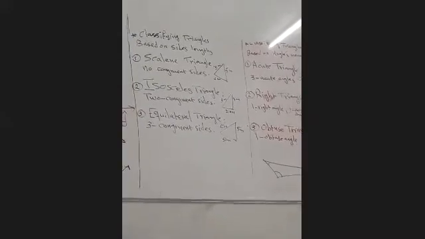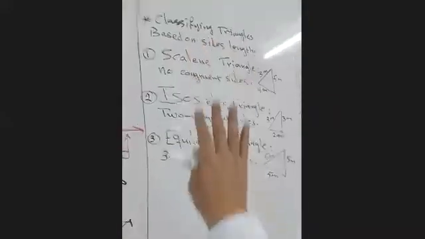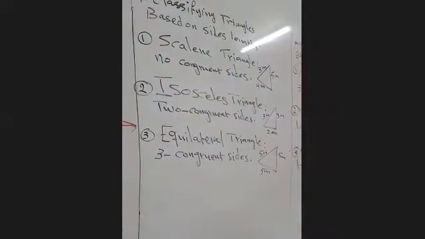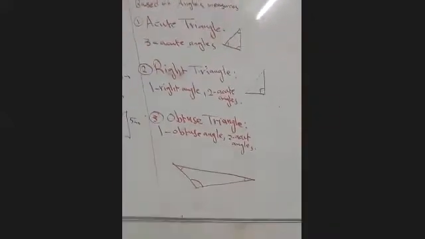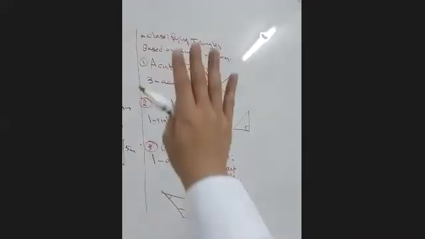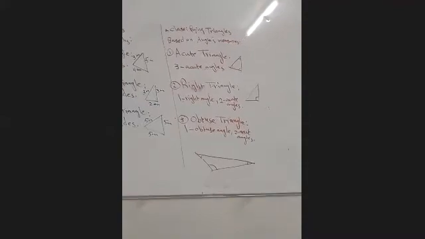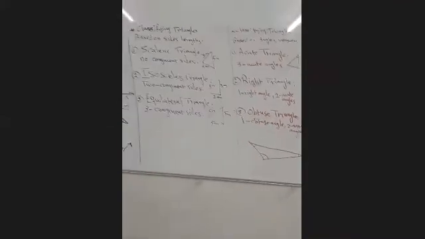If the question wants the name depending on the side lengths, you will use one of these three. If it wants the name depending on angle measures, you will use one of these three. But if the question wants the two names, you will use both.